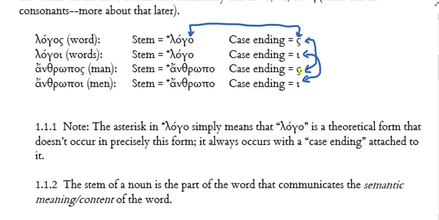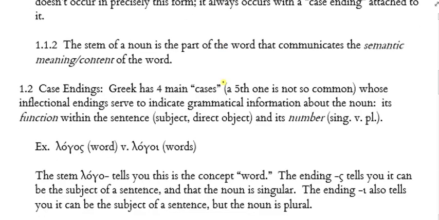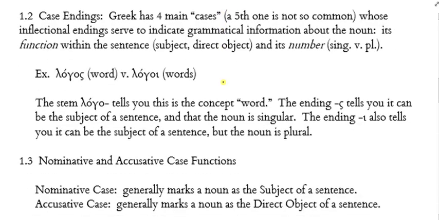But those case endings by themselves don't give you any more information than that. So how do I know I'm talking about plural words as opposed to plural men? Well, I have to go to the stem for that kind of information. That's what I mean by the semantic or the lexical content of that word. So our case endings will give us grammatical information, not necessarily lexical information.